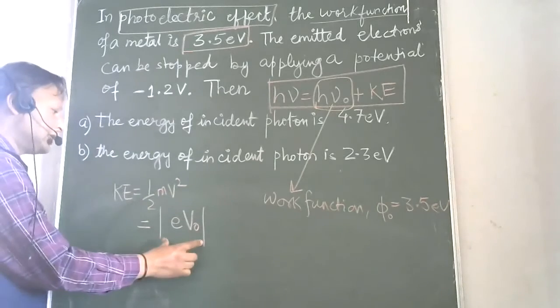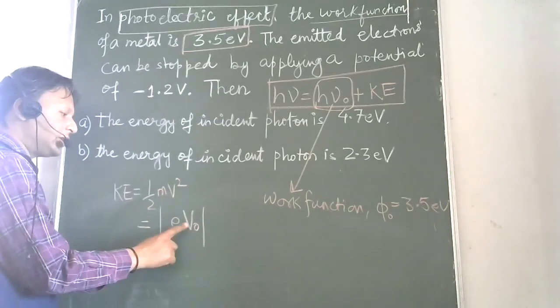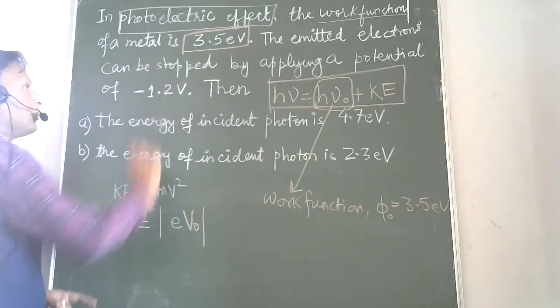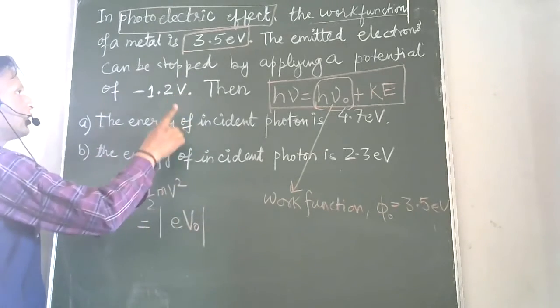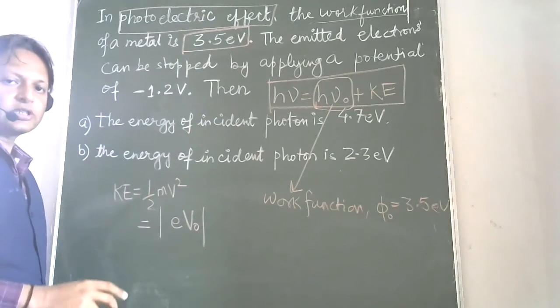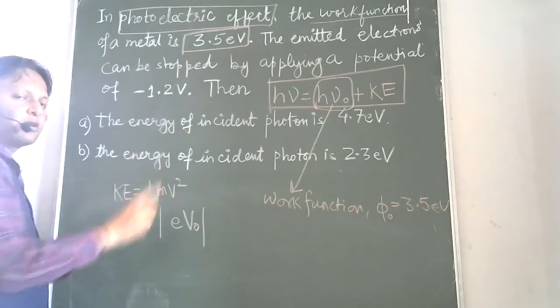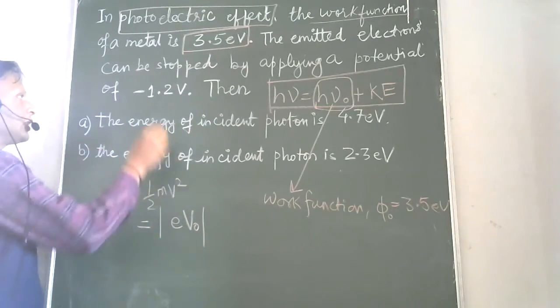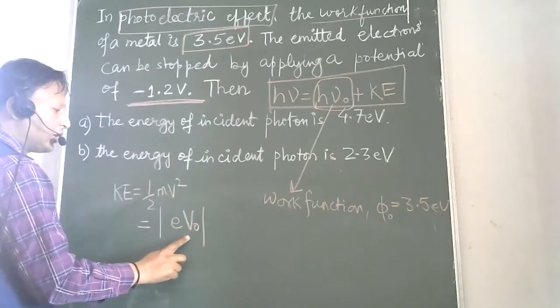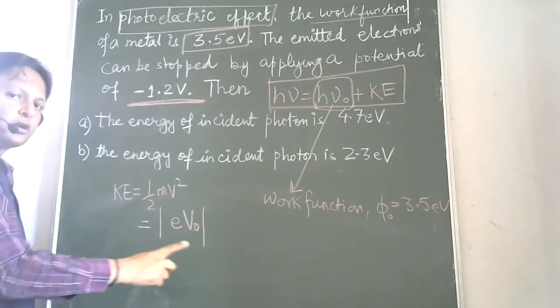So this is nothing but mod of e V naught. What does this V naught stand for here? This V naught is the stopping potential. Look at what is written over here: the emitted electrons can be stopped by applying some potential. That particular potential is our stopping potential, minus 1.2. So V naught is minus 1.2.